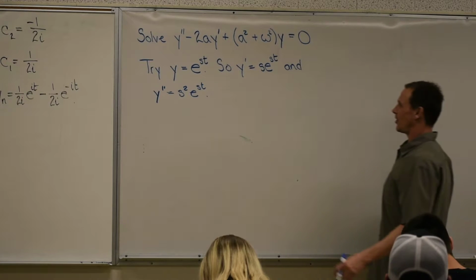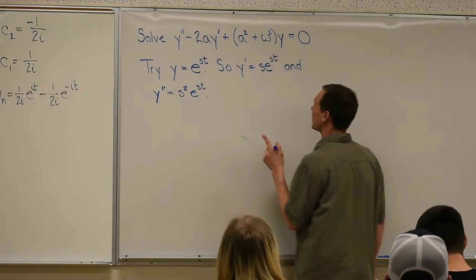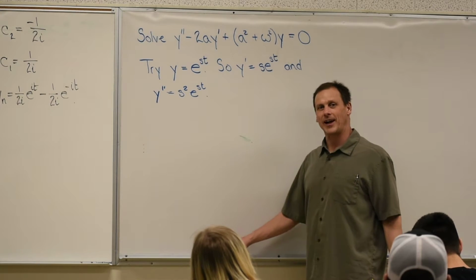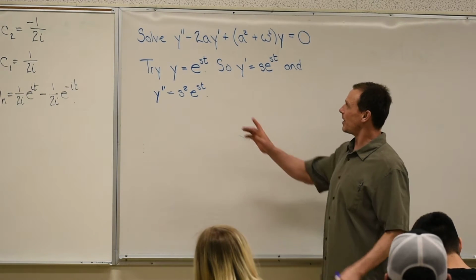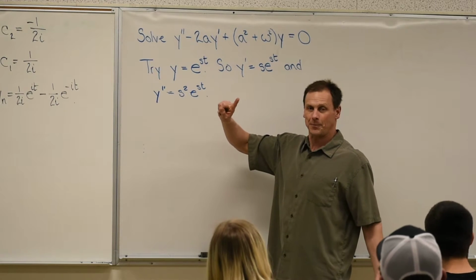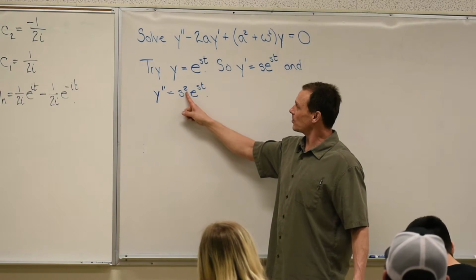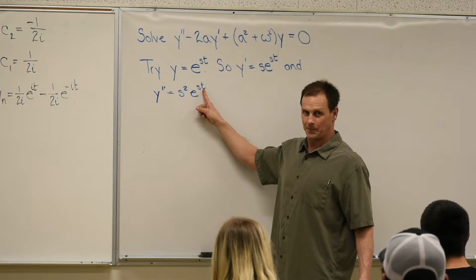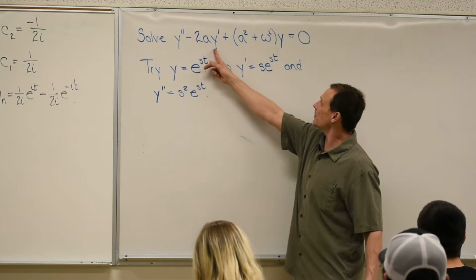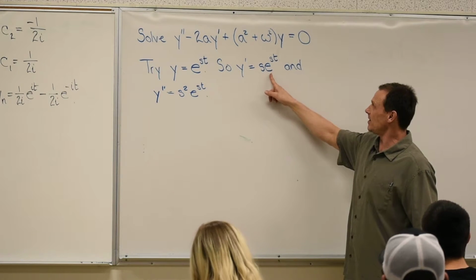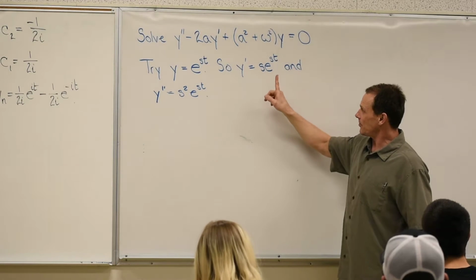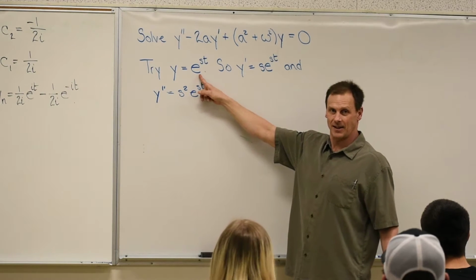Okay, let's solve this. Let me do this a little faster. What's going to happen is I'm going to put in for y double prime an s squared e to the s t, for y prime an s e to the s t, and for y an e to the s t.